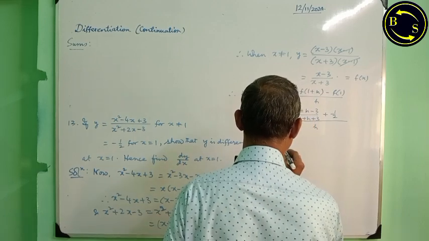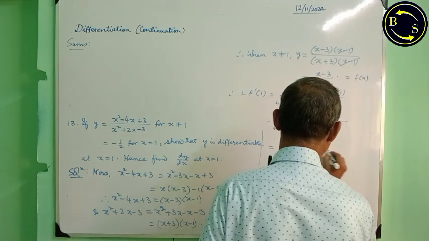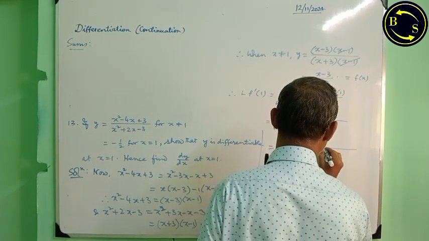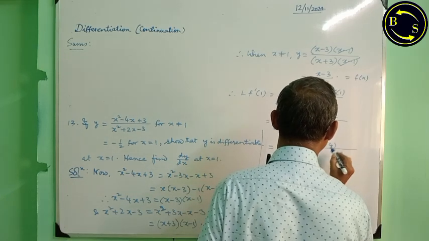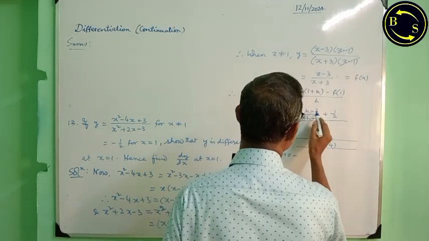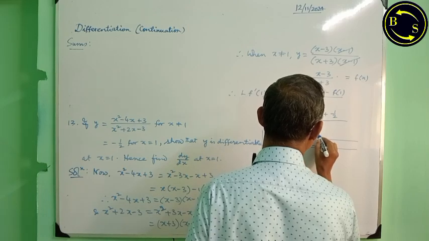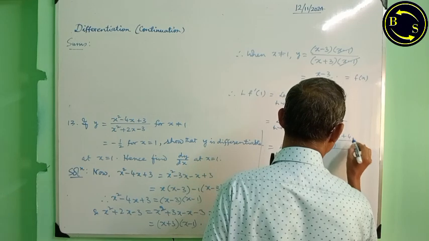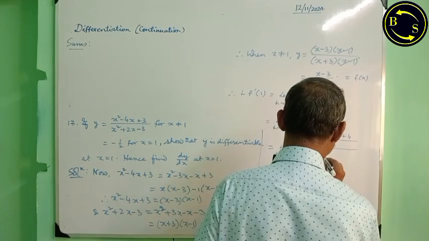Therefore, we find the limit h tends to 0 minus, into 1 plus h plus 4, numerator will be 2 into (h minus 2) plus (h plus 4), simplified, and this is h.